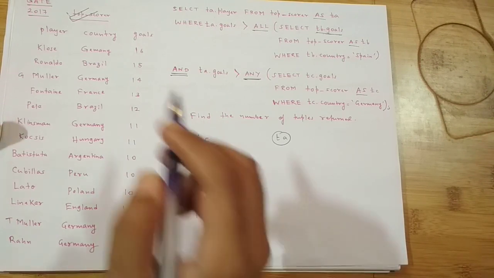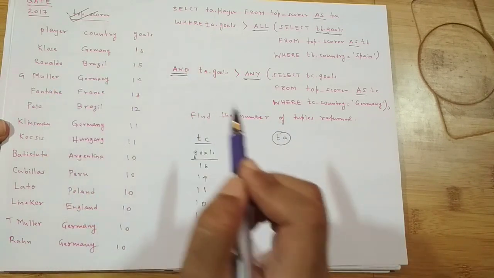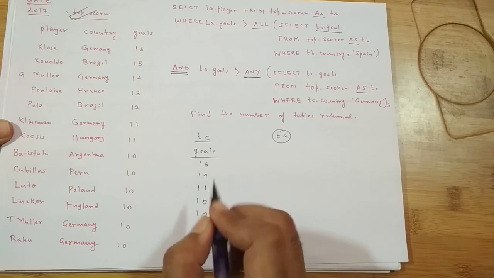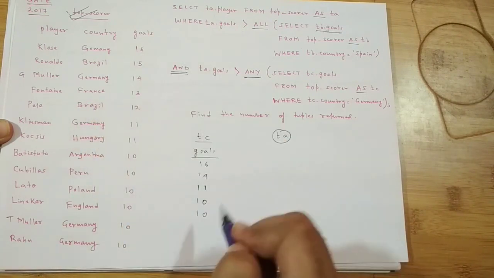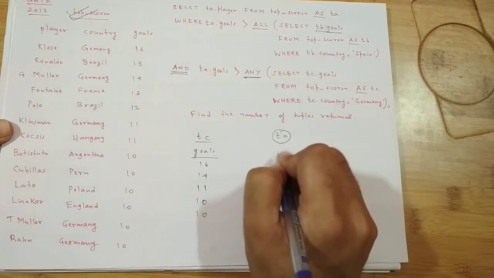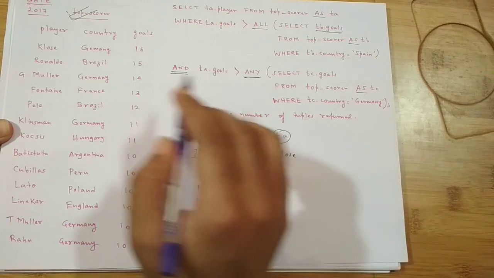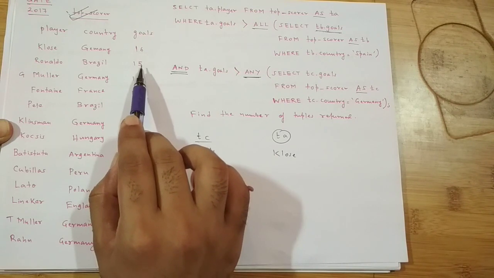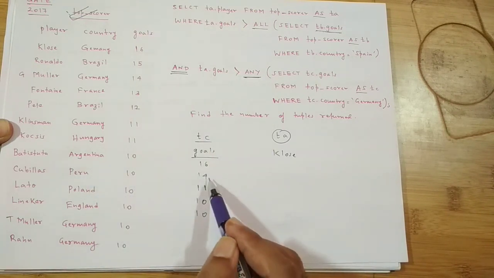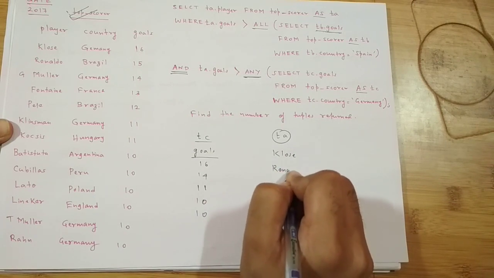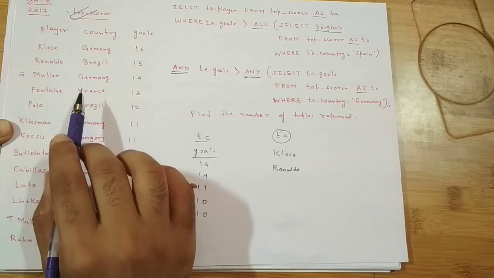So what do I do? I scan each tuple one by one. Now look at Klose. Klose is greater than 10 because 16 is greater than 10. So we will select Klose. So I'll get in my output Miroslav Klose. And now see, what about Ronaldo? Ronaldo has scored more goals than a number of German players, right? So it will be present in my output. What about Muller?